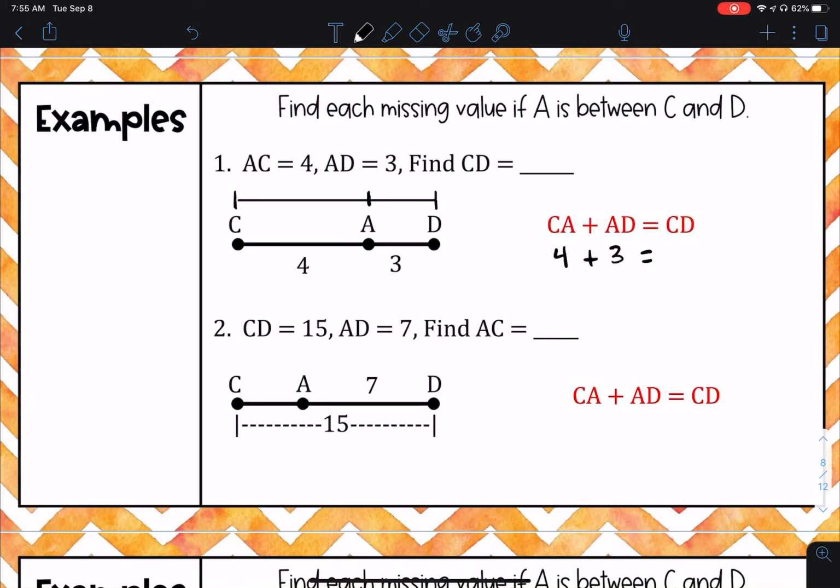And that would be equal to the total distance from C to D. So what would CD equal? All you have to do is do this simple addition, 4 plus 3, which is 7. So that means the distance from C to D would be 7.